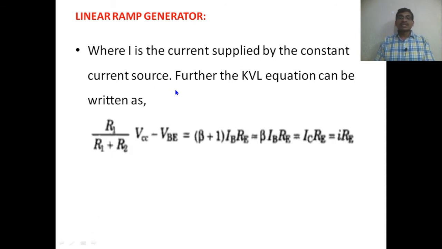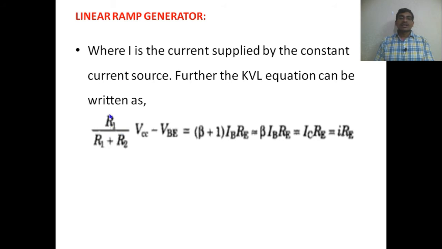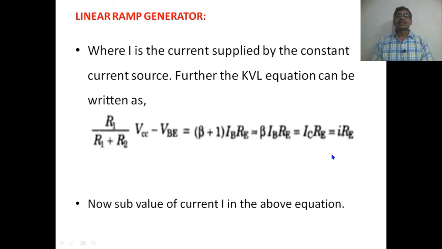Further, the KVL equation can be written as R1 by (R1 plus R2) into VCC minus VBE is equal to (beta plus 1) into IB RE. So here 1 plus beta can be treated as beta, therefore it becomes beta into IB RE, which is equal to beta times IB is equal to IC into RE, which is nothing but I RE.